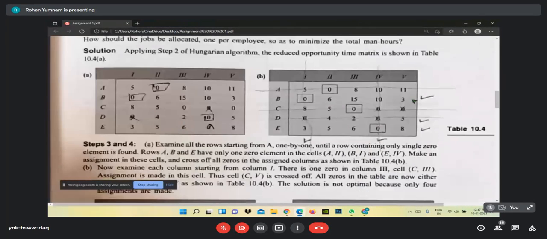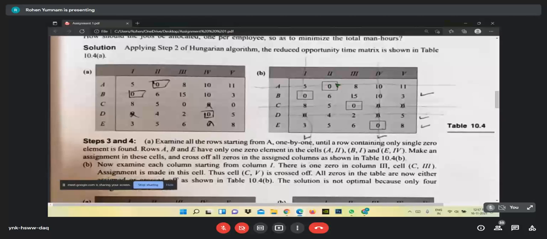See, first row assignment, second row assignment, third row assignment, fifth row assignment, fourth row no assignment, then you make a tick here for the fourth. And then in that column, we check whether assignment is made or not. Then let us see the next one.